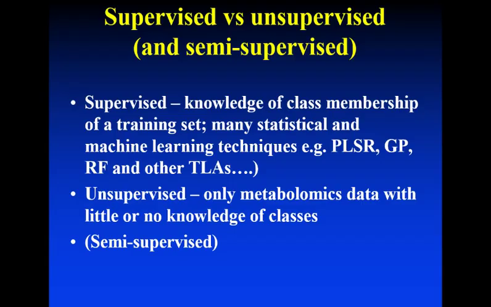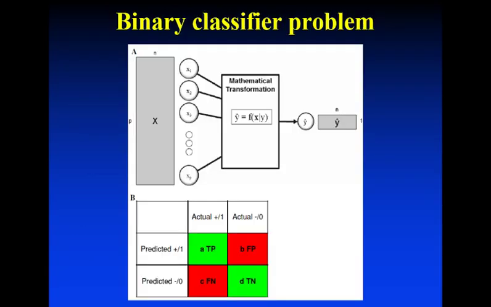And you want to use that knowledge even though you don't know the class membership for all of the data. A typical example in biomarkers might be Alzheimer's, where actually the only definite distinction of Alzheimer's or not is post-mortem. So often you don't know the class membership before the patients died.